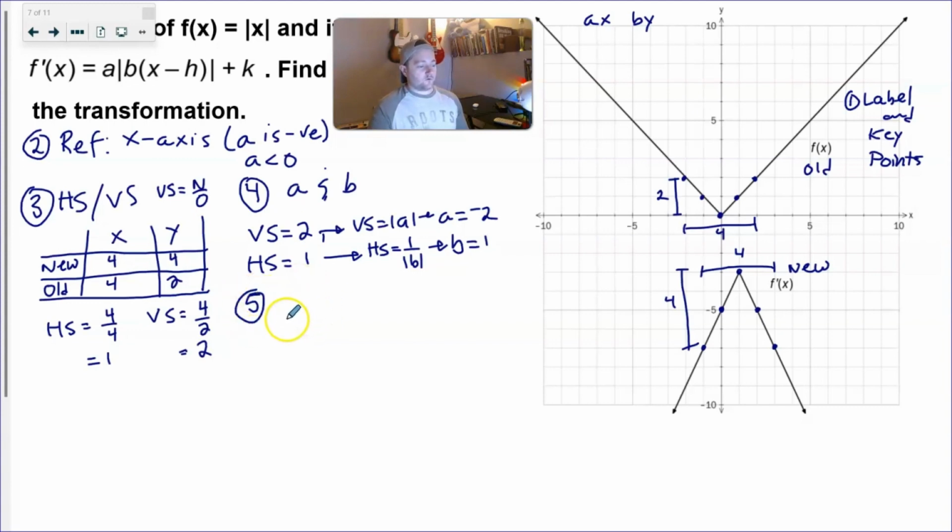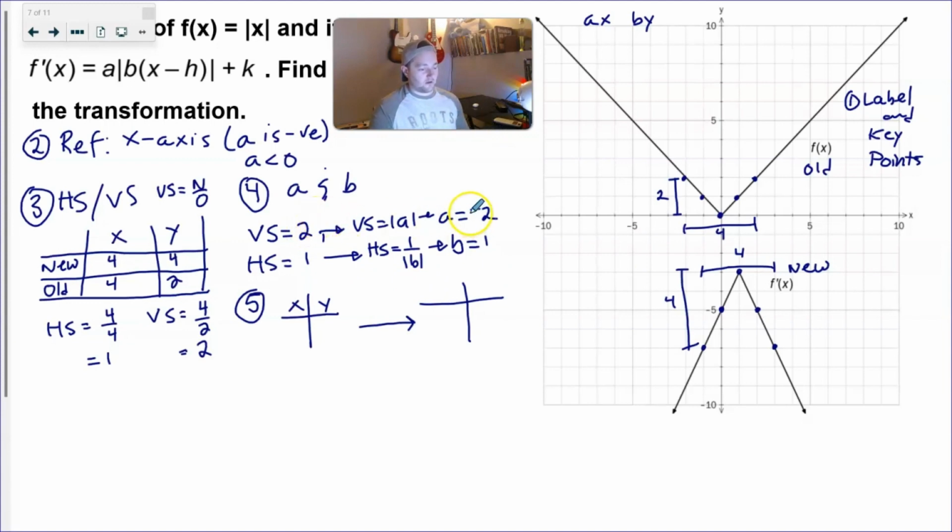So what I normally do for H and K values is I pick a point on the graph and see where that point is transformed via the mapping rule. So I need to put this mapping rule together from what I already have.